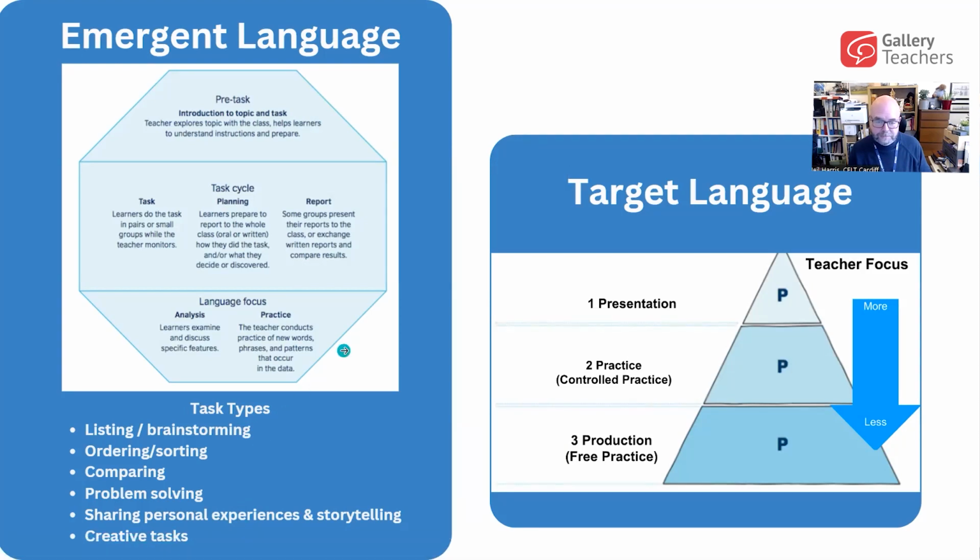And the ways that this can be done are listed in a number of the task types here at the bottom of the screen. If, on the other hand, you're going to do a form-focused lesson where you want the students to activate target language, you may well choose to use a PPP, presentation, practice, production lesson type.